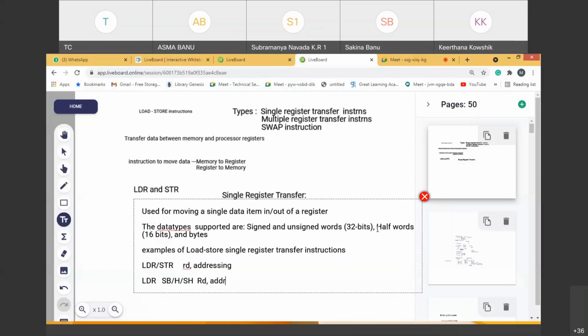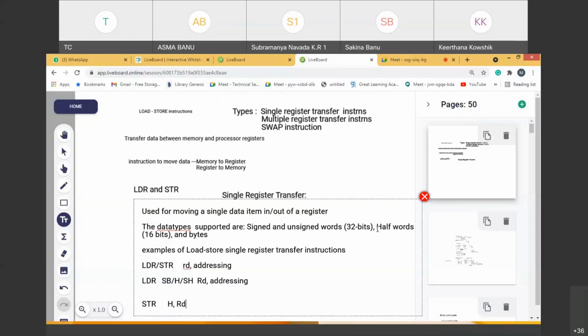Another way of representing it, I can have half word, signed half word, or byte, different data types I can represent. Similarly with STR, I can have only half word and byte.